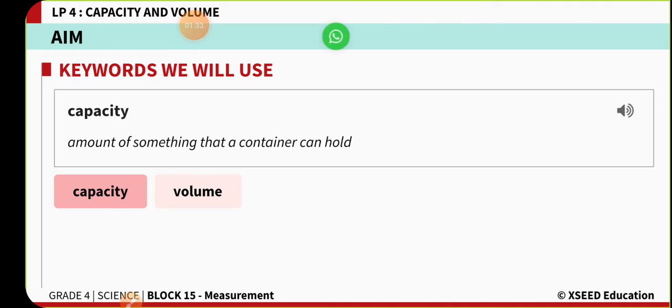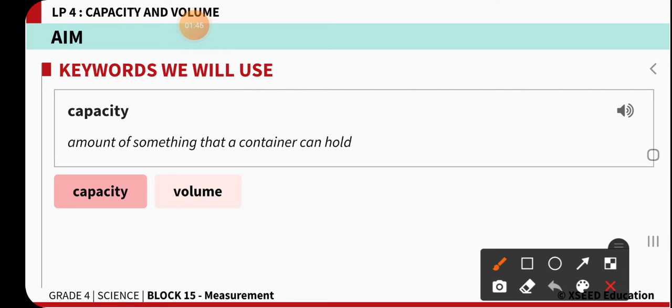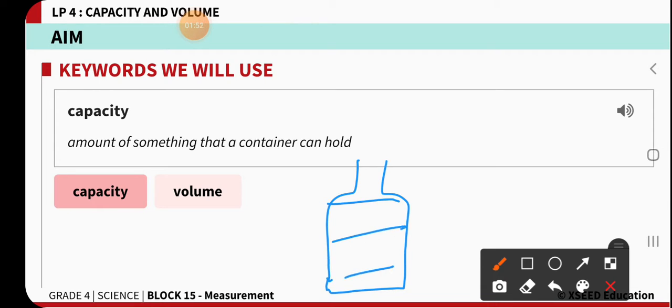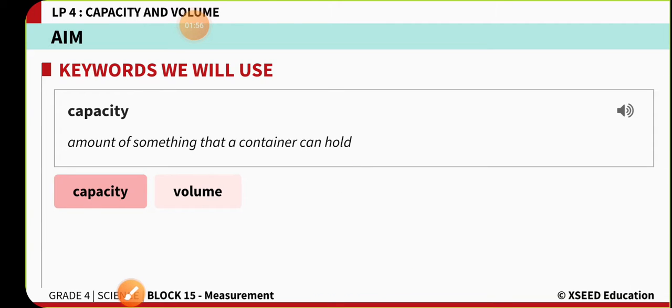Capacity means it is the amount of something that a container can hold. So if you are taking a container like a bottle or a drum, how much amount of the object it can hold, that is becoming the capacity of that container.